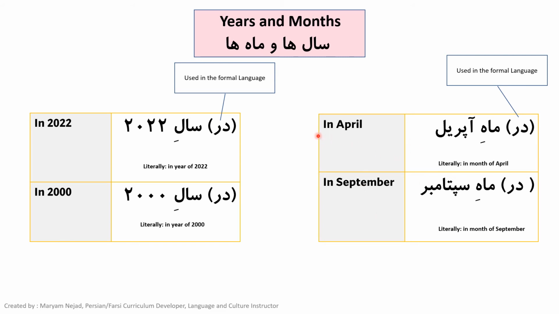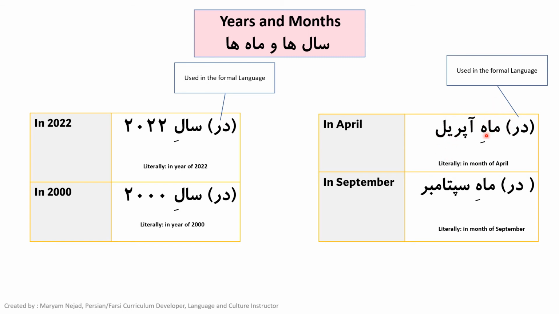So let's say we want to say in April or in September. In the formal written language, it's common to add the preposition dar. So you will see that if you read the news and stuff. So dar, and then ماه آپریل. در ماه آپریل.